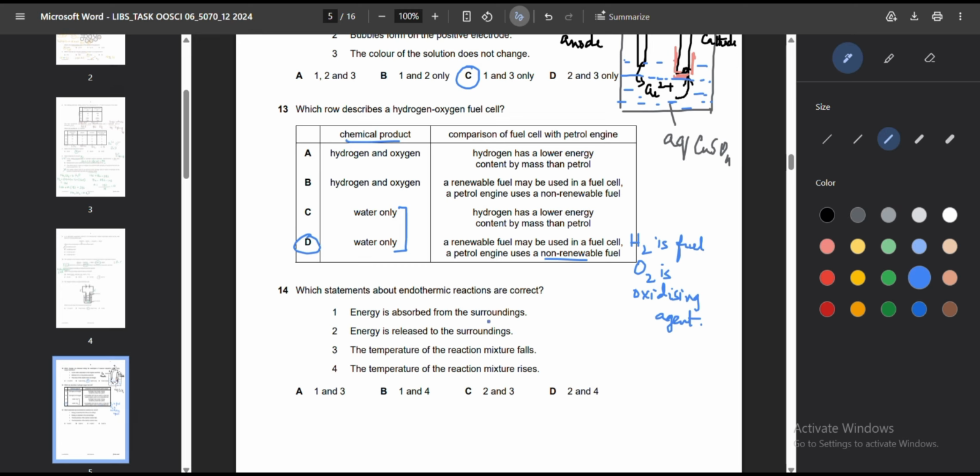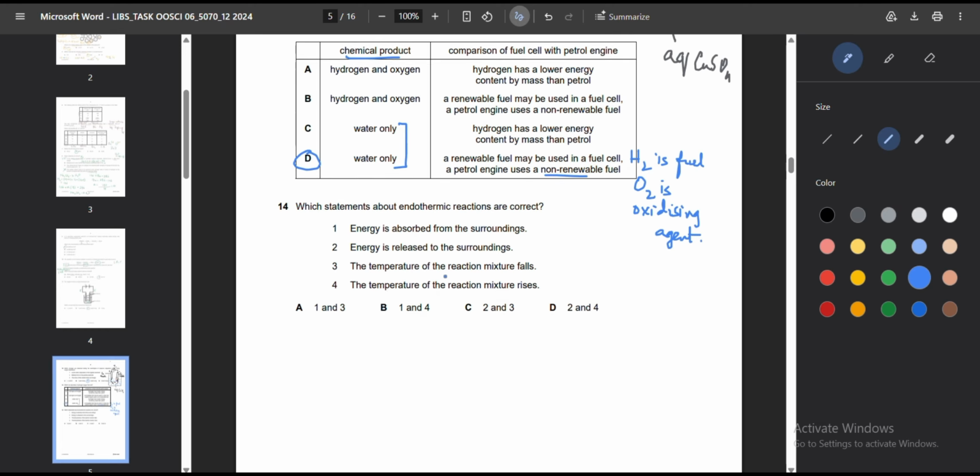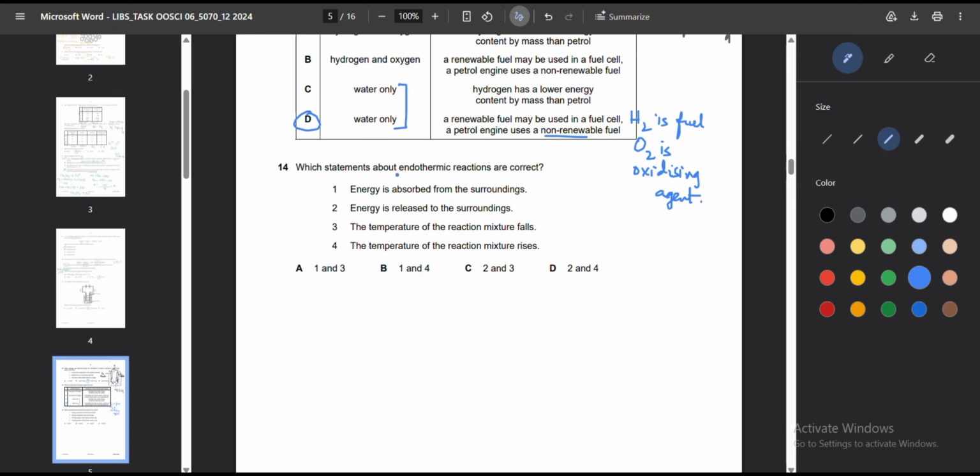Okay, question number 14. Which statements about endothermic reactions are correct? An endothermic reaction is one in which heat energy is absorbed and the temperature of the reaction mixture and the surroundings decrease.